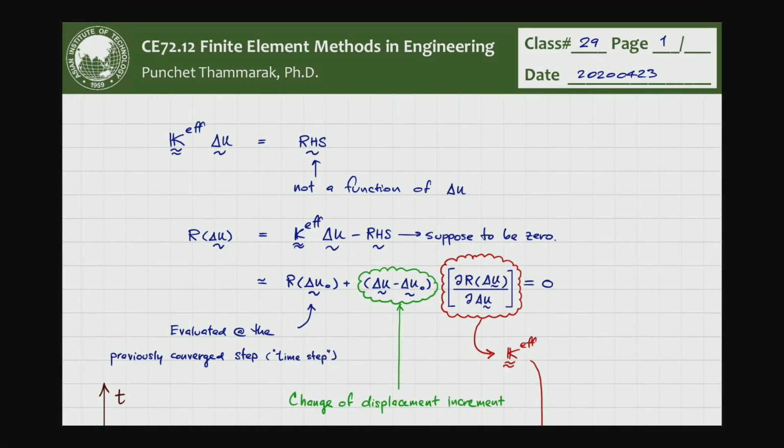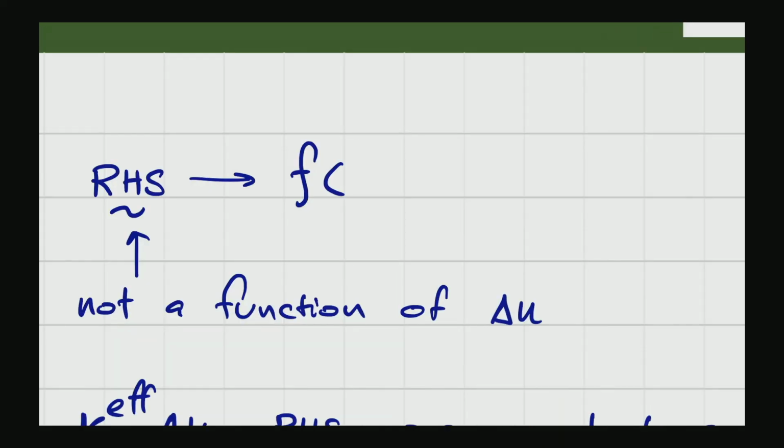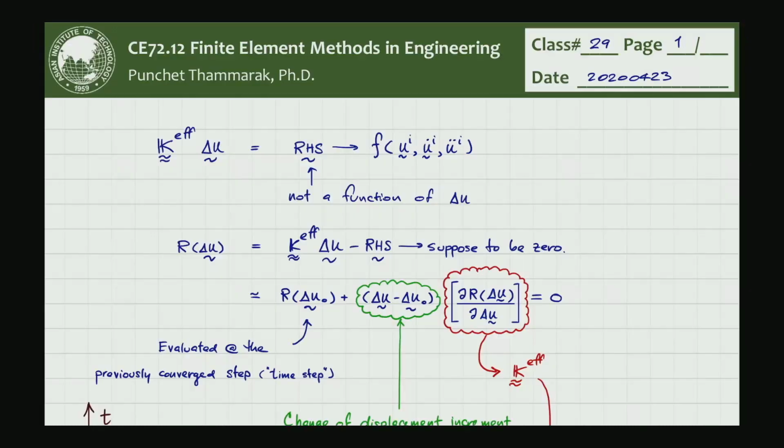It is a function of u dot i and u double dot i. So it is just a function of previous step information.